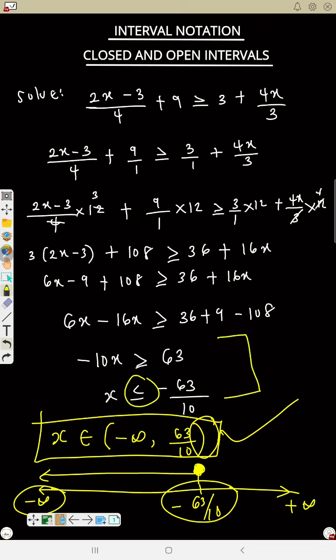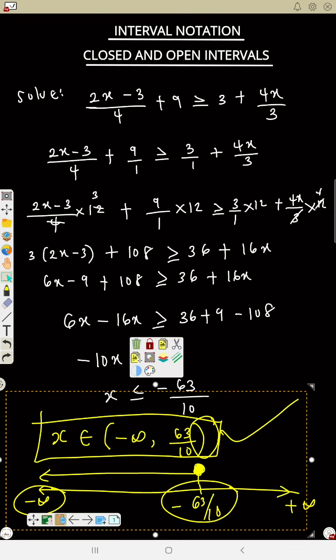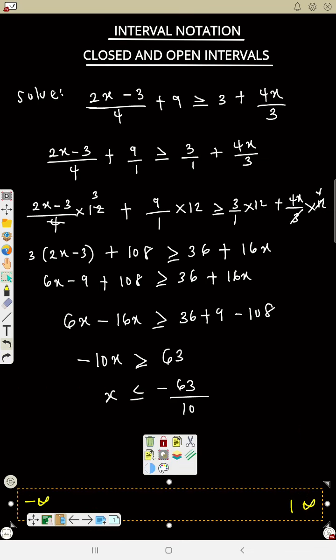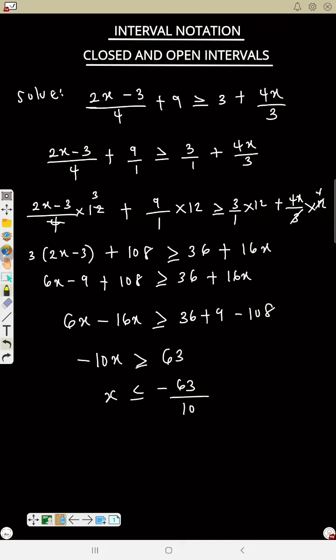Because we have less than or equal to, the representation is x is a member of, always open at minus infinity to 63.